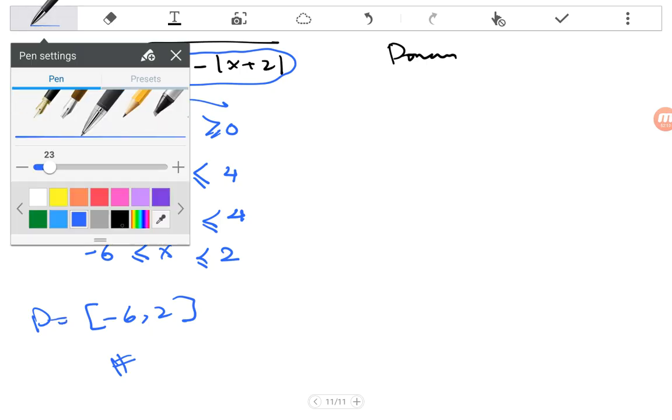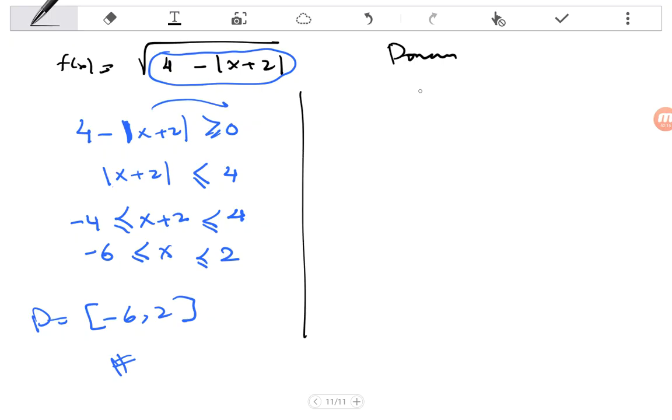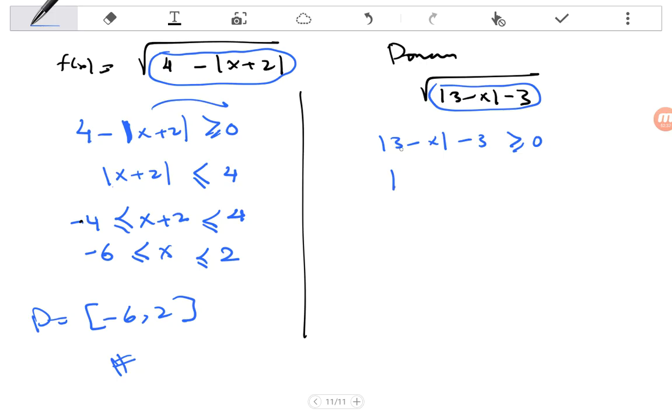Okay? If I need to find the domain of this function, the root of absolute value of 3 minus x minus 3, it is just the same procedure. We take what is inside the root, so 3 minus absolute value of x minus 3 must be greater than or equal to 0. I will interchange it, so it will be absolute value of x minus 3 less than or equal to 3, which is better for treating that expression.